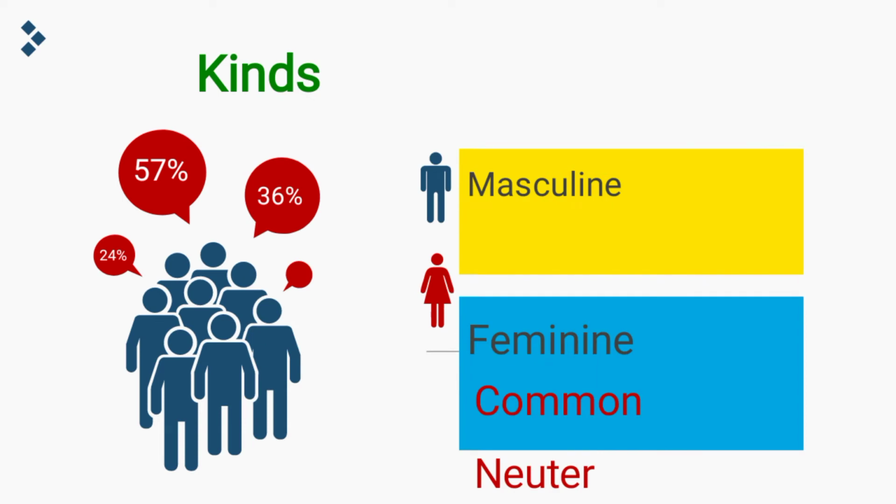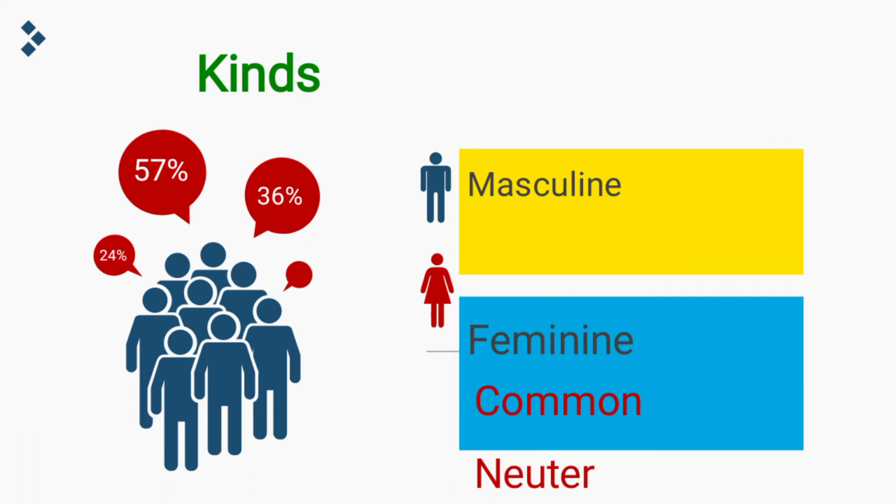So now tell me, how many kinds we have studied? Yes, just now we have recalled this topic: masculine gender, feminine gender, common gender, and neuter gender. Now tell me, which gender belongs to lifeless objects?